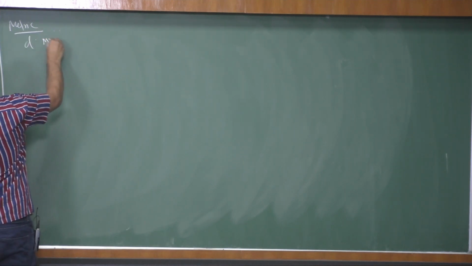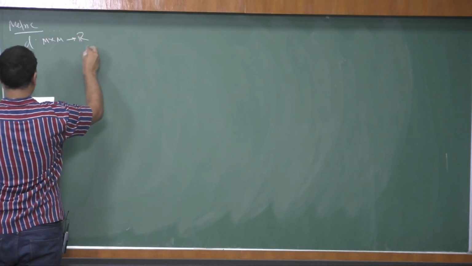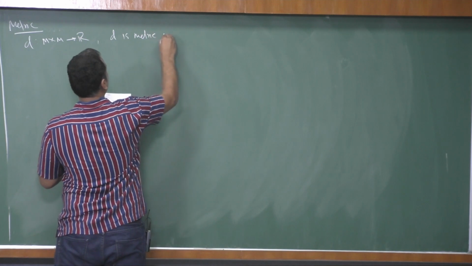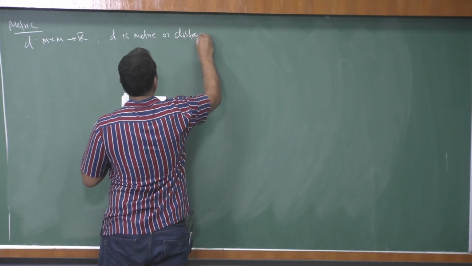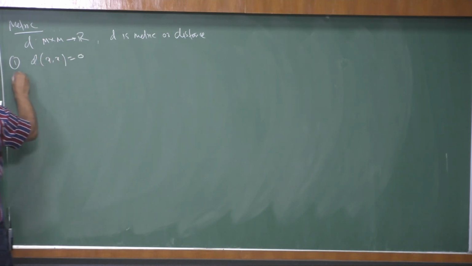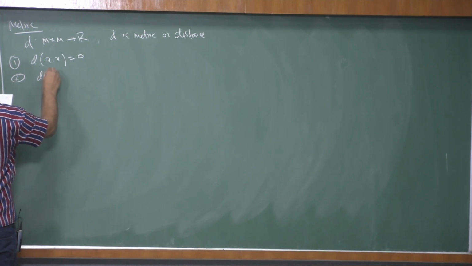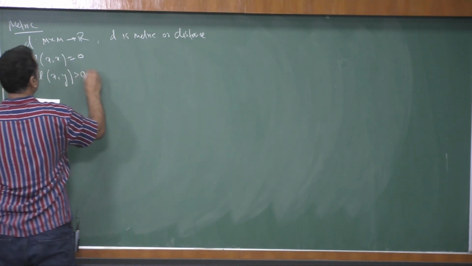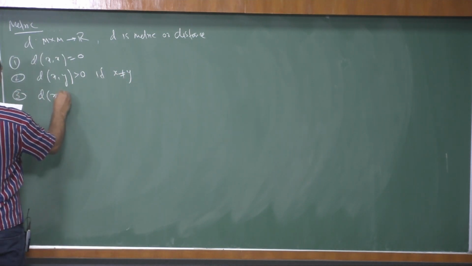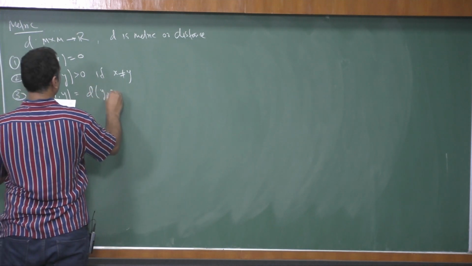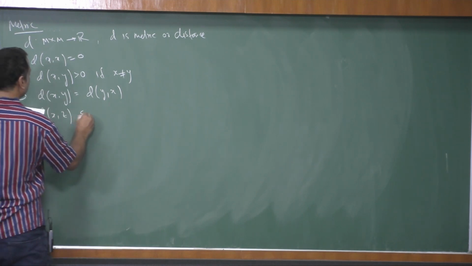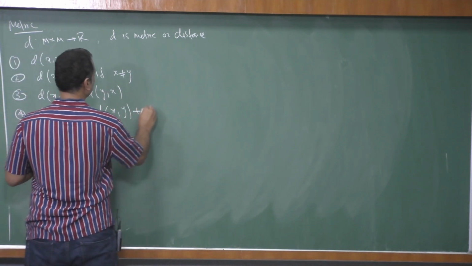If you recall, a metric is a function from M to R, and D is a metric or distance function when it satisfies: D of xx is 0; D of xy is greater than 0 if x is not equal to y; D of xy is equal to D of yx; and the fourth one is the triangle inequality, D of xz is less than or equal to D of xy plus D of yz.